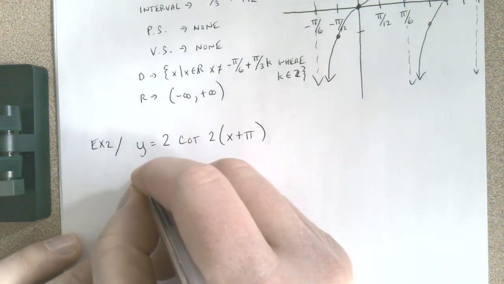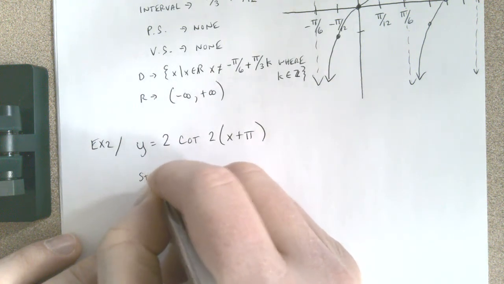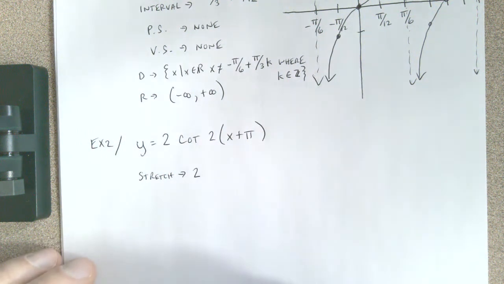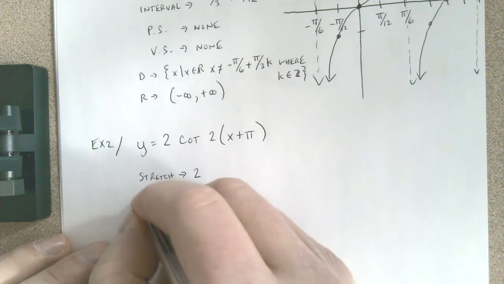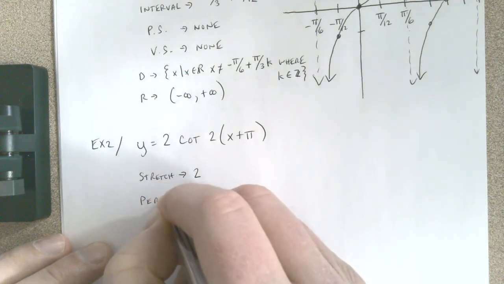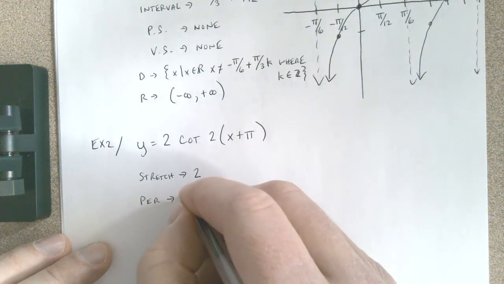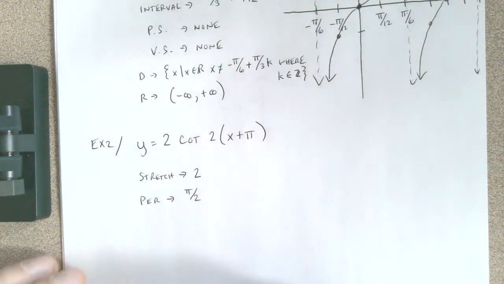So let's just list our values here. Our stretch, in this case, the stretch is 2. The period, we're going to take pi divided by b. Well, b in this case is 2, so the period is going to be pi over 2.